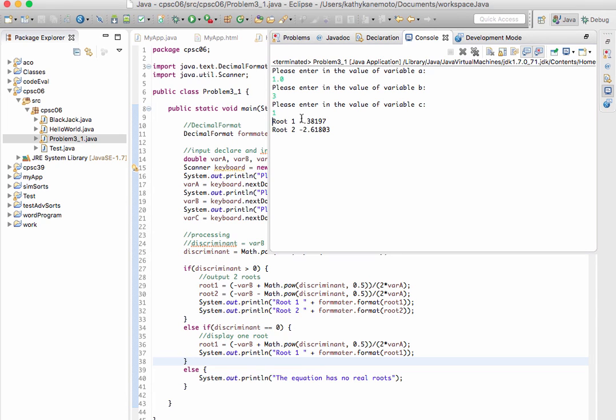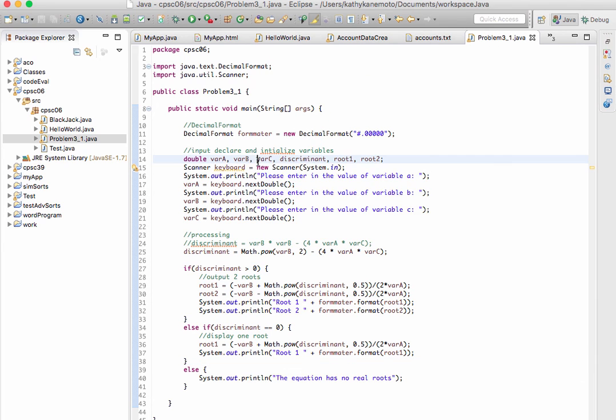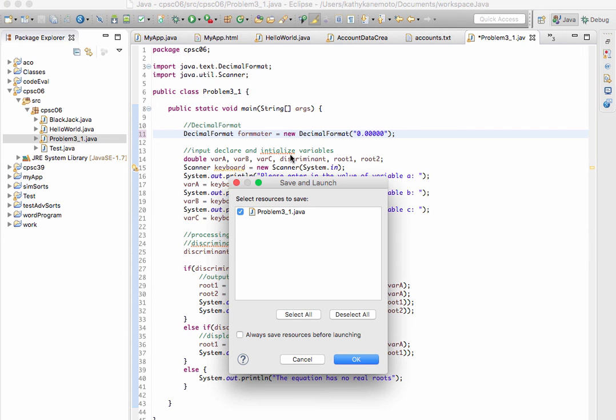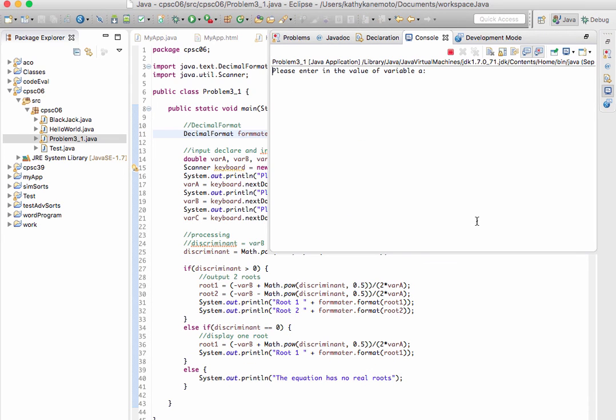So if I want that 0 to appear here in the front, I could replace it in my formatter object with a 0 instead of a hashtag. And then when I run this, you can see the 0 appears here in the front to the left of the decimal place.